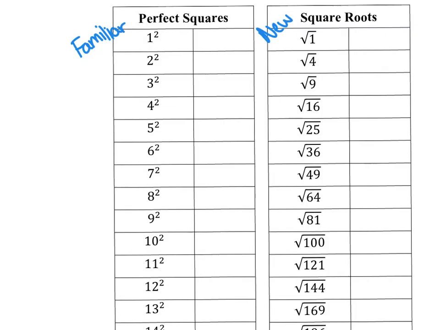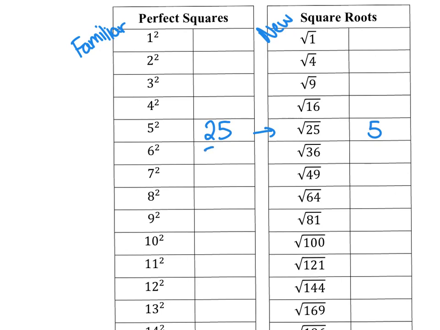Our goal today is going to be to fill in this chart in your notes. We're going to use what's familiar about squaring numbers in order to fill out the new column, square roots. So let's start about halfway down. We know that 5 squared, or 5 times 5, is 25. Therefore, the square root of 25 is 5, because 5 times itself, or 5 squared, is 25.